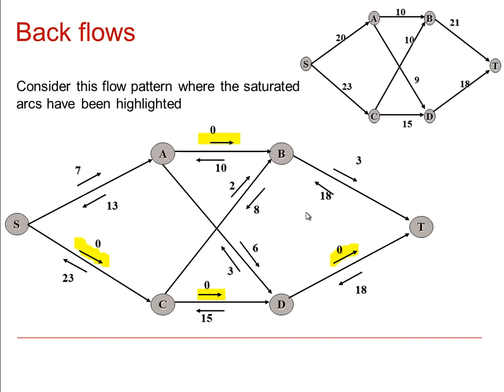However, there is a flow augmenting path, and it goes from S to A to D to C to B to T. The crucial one is this part here, where we're going to change the numbers against the actual direction of flow. So we're going to reduce the flow in this part of the network.